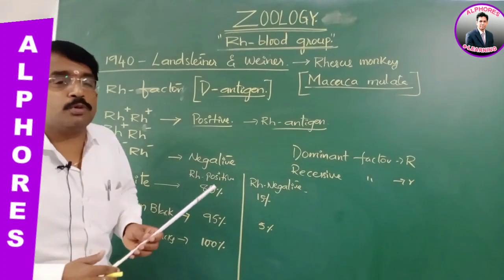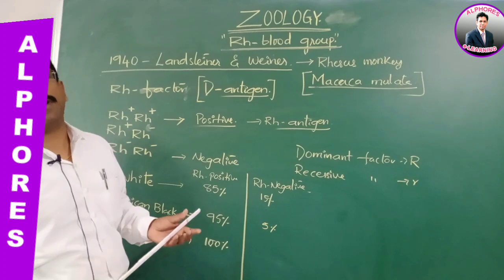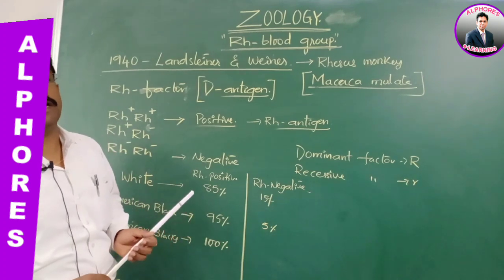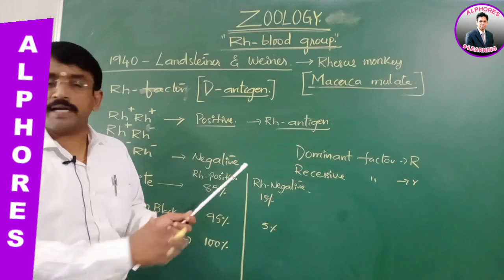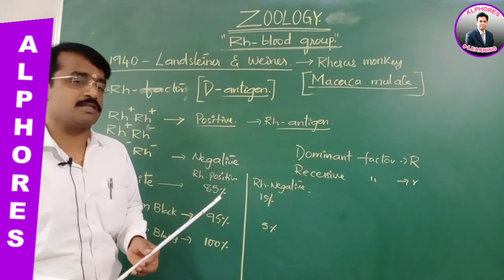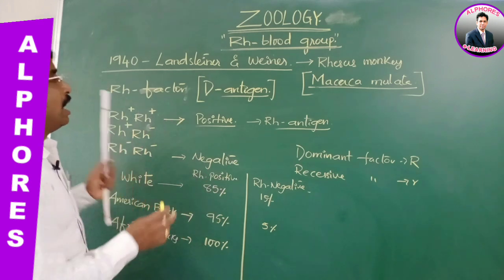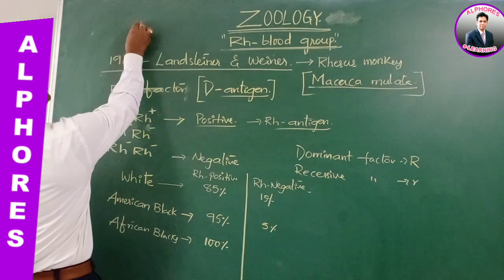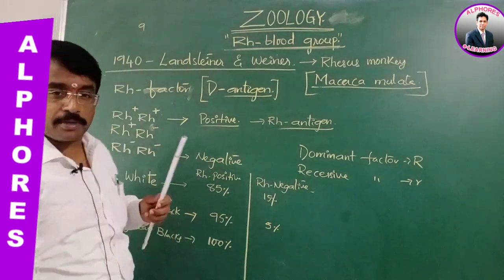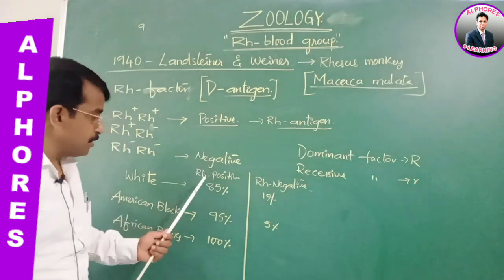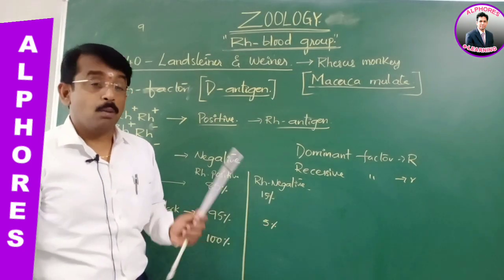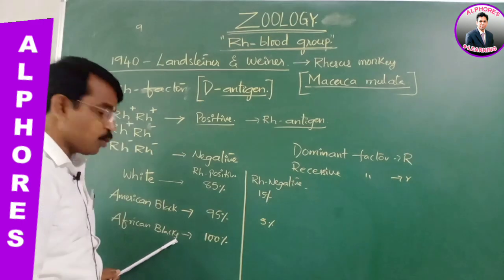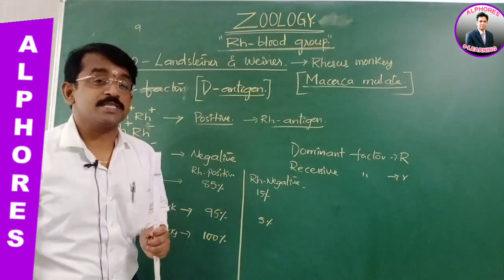What we come to know is that the majority of the population is Rh positive. If you go into a classroom and calculate the total number of students, it varies from 85 to 99% among the whites, whereas among the Negroes it is 100%.